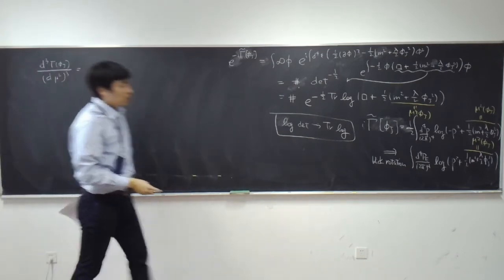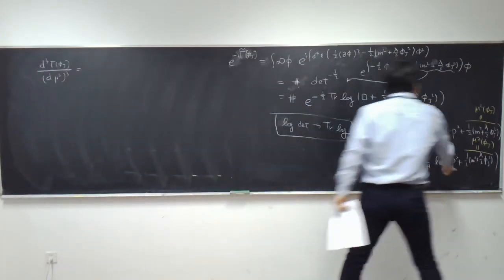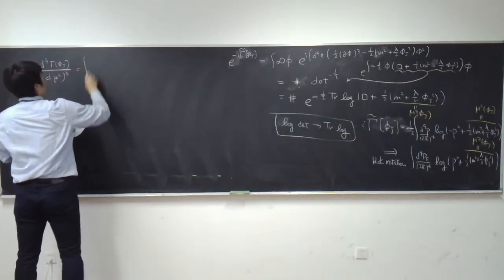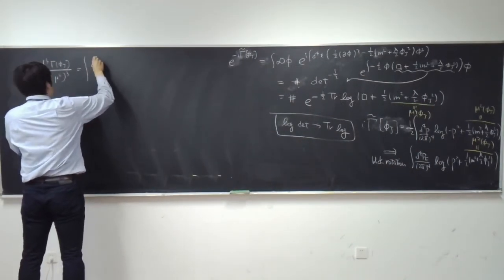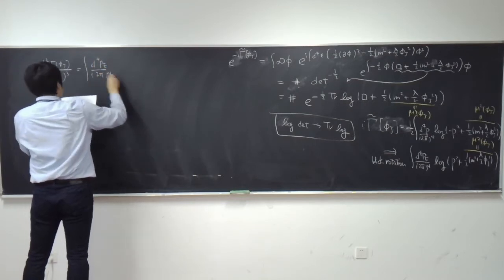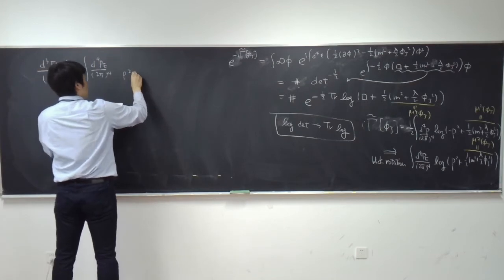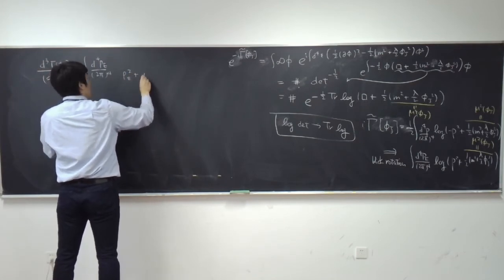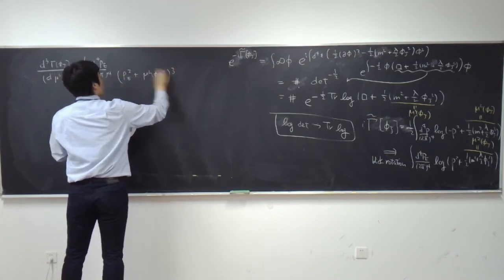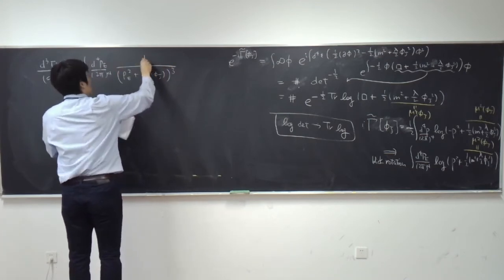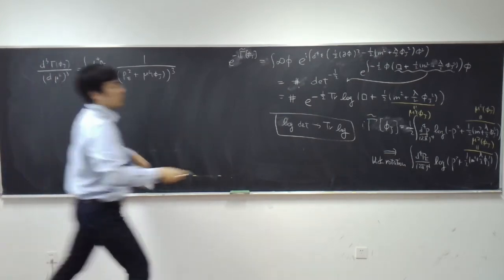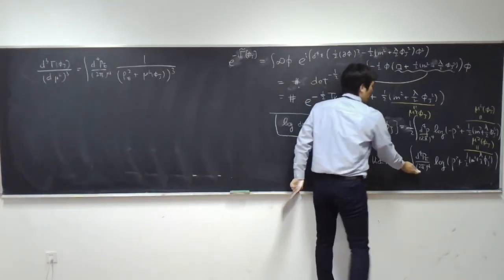Take the derivative of gamma(phi_j) with respect to mu^2 three times, so that you get the integral d^4p over (2 pi)^4 of 1 over (p^2 plus mu^2(phi_j))^3.